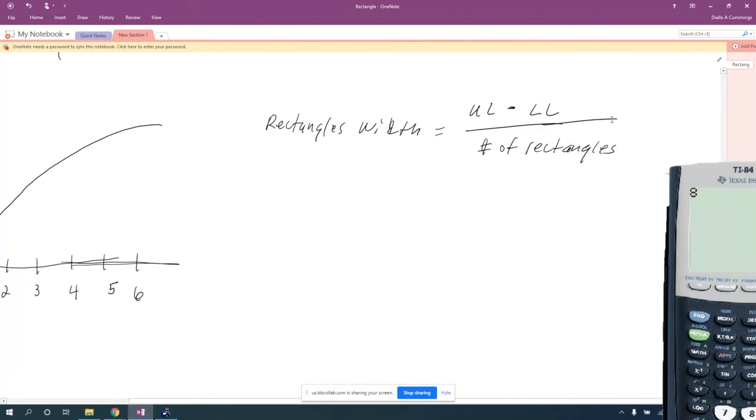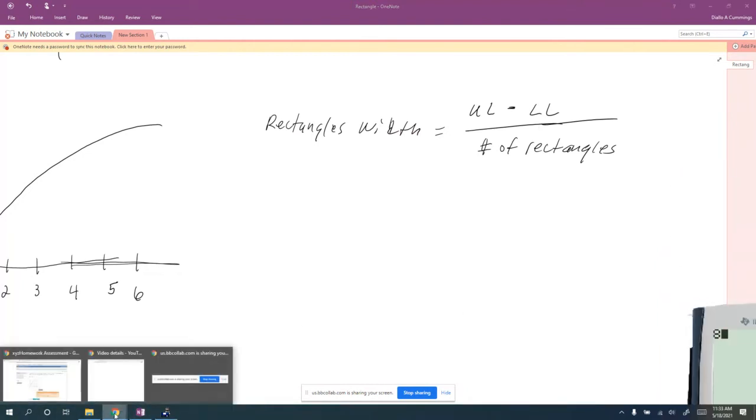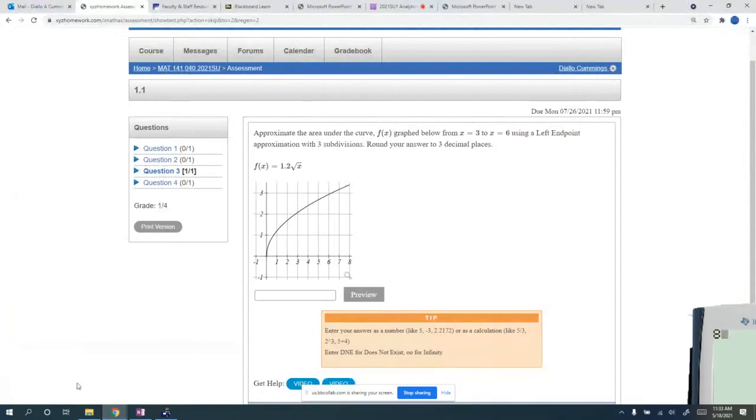So what is the upper limit and what is the lower limit? I'm going to switch screens here for a second. The upper limit is 6 and the lower limit is 3. The upper and lower limit are basically the interval on x in which you're working.